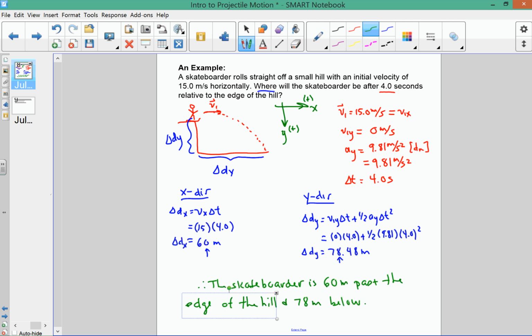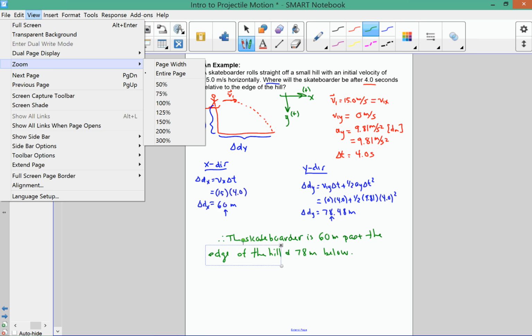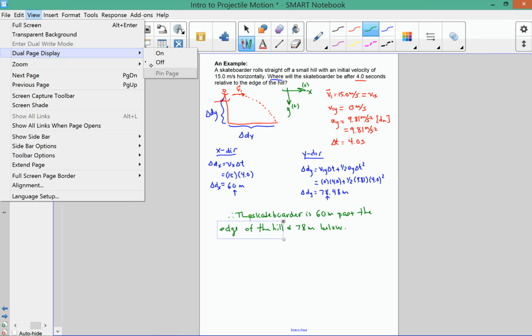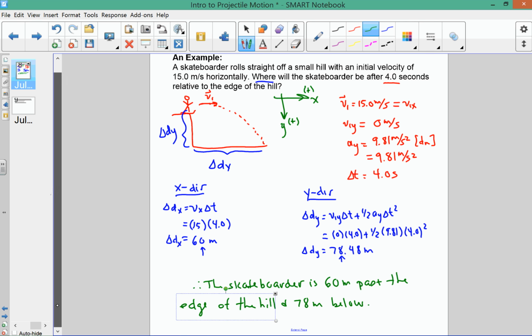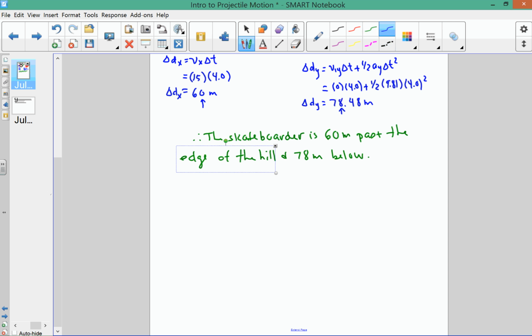But there's one other way that I can describe his position, and that's using displacement and taking it as a vector. So let's just zoom in a little bit. So maybe it's like this. Okay, that's a little better. So now let's draw his displacement.